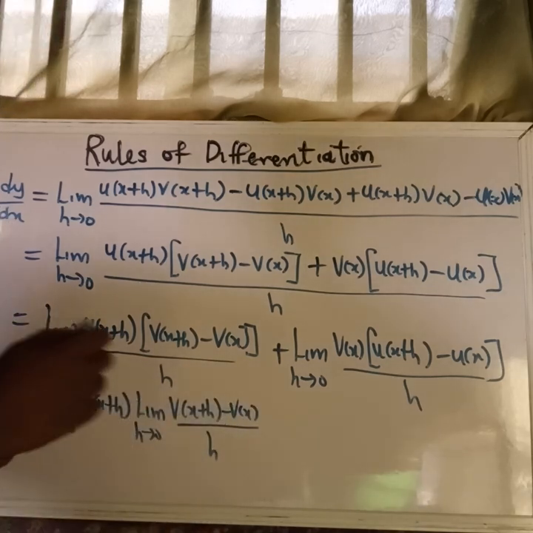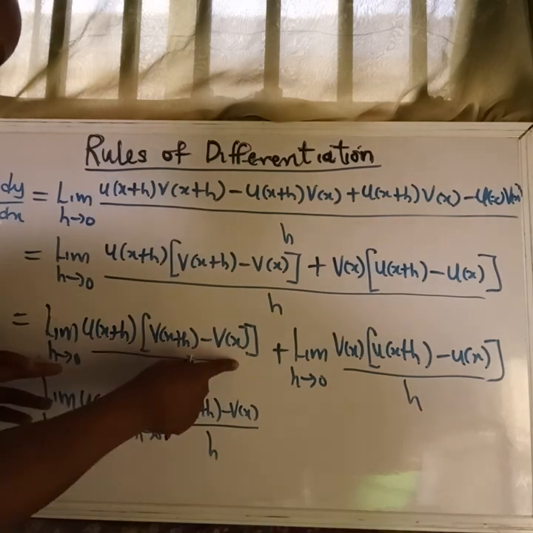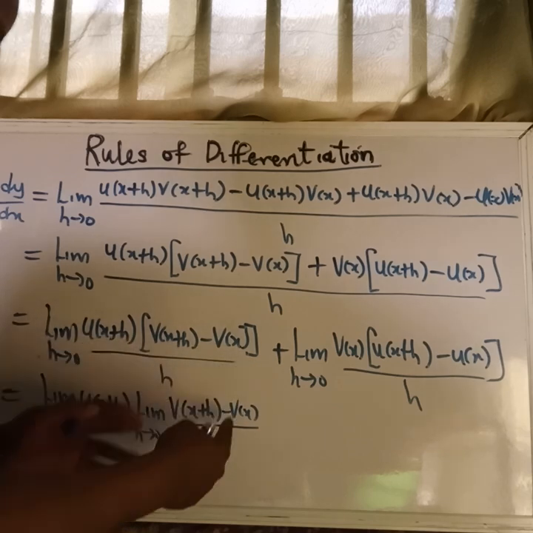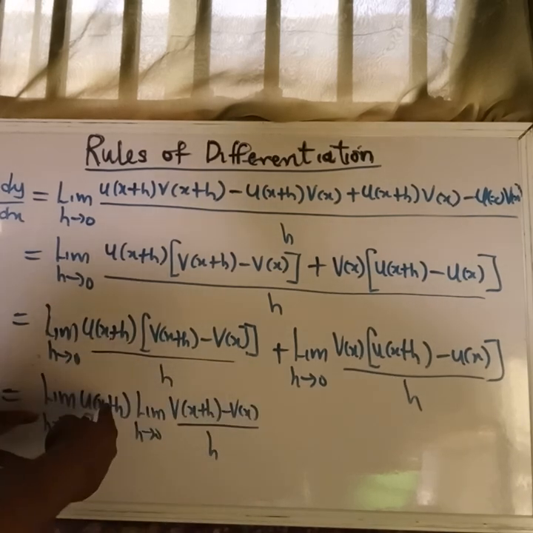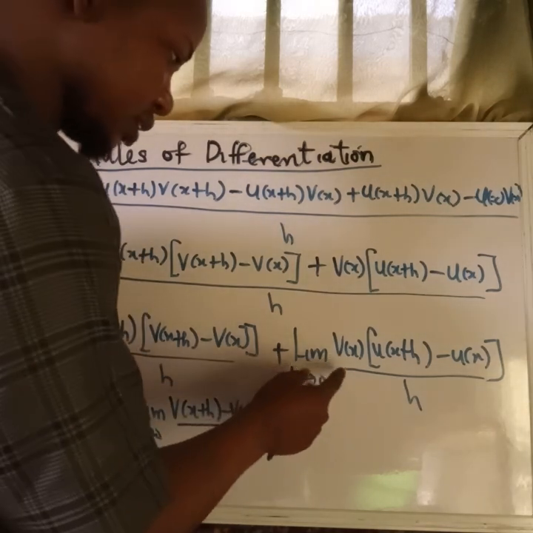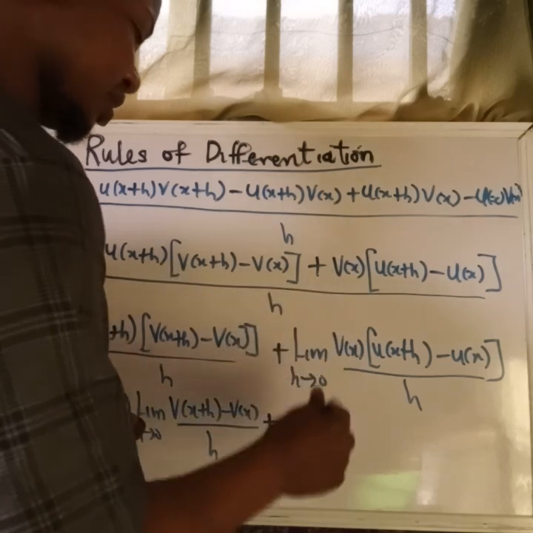Here this h, we are giving this h to this place because this term needs this h more than this. It will be meaningful to put h under this rather than putting h there. And also we'll see that this v of x is independent of h, so this limit will not affect this.